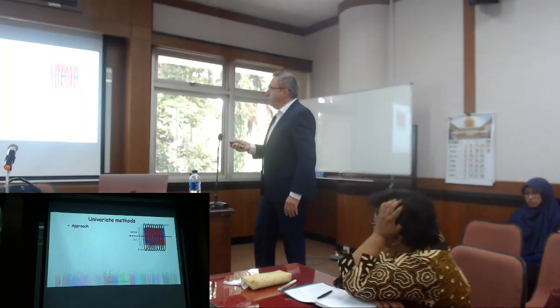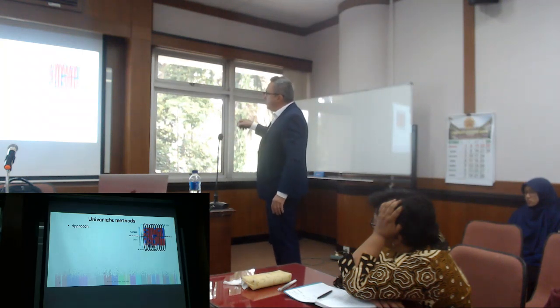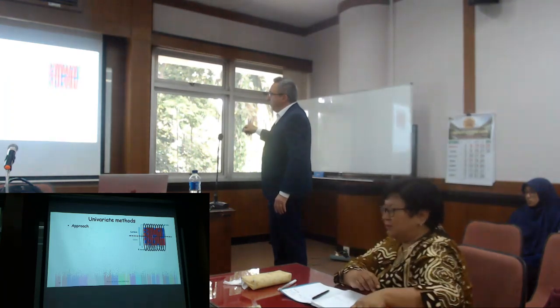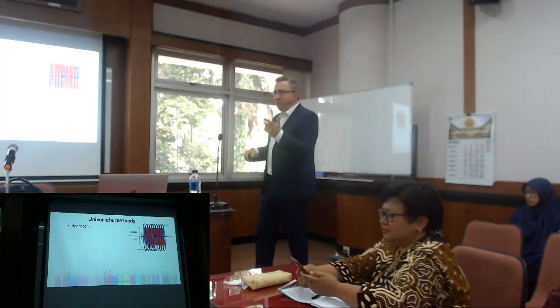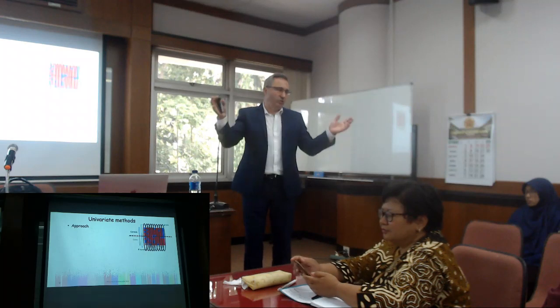So if it is a univariate method, what happens is that you have a matrix where the data will look like this. You have a group of individuals that don't have the disease, and a group of individuals that have the disease. Then red and blue are the different variants of the different genes all over the genome. So the matrix is huge, right?